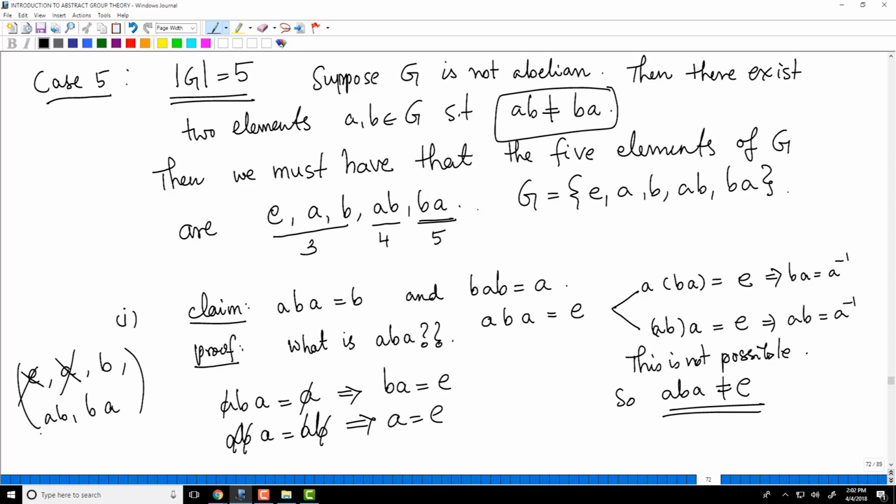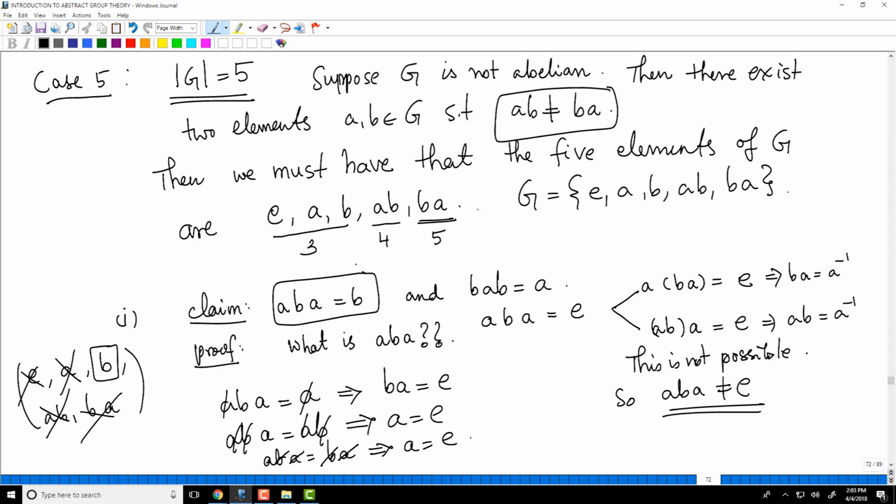So, it can't be AB. Can it be BA? It can't be. Again I can cancel B and A and I have A equals E, right. So, it can't be BA. So, ABA must be B. This is the only possibility left. So, ABA is B. This is proved.